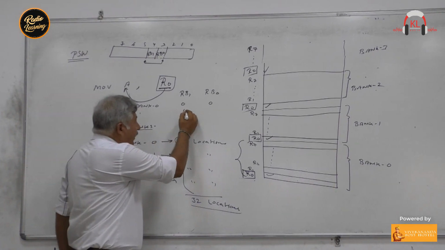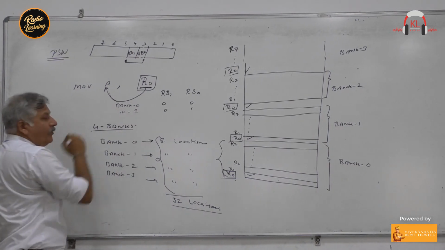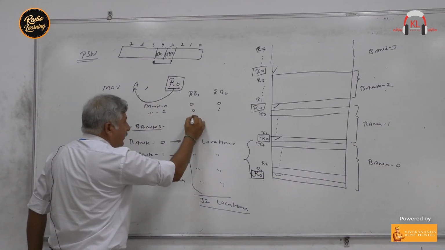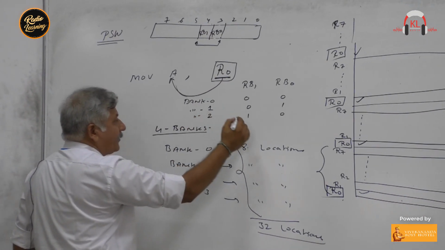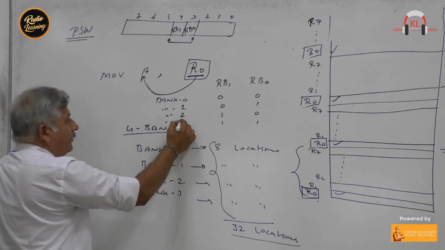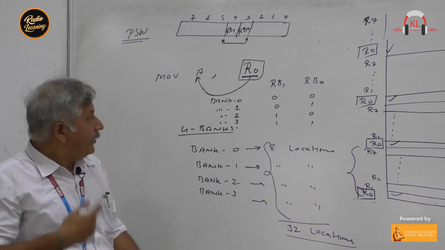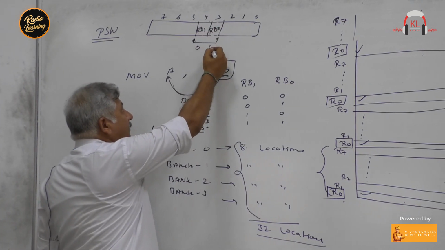If these bits are 0 and 1, then bank number 1 will be selected. If these bits are 1 and 0, then bank number 2 will be selected. And if these bits are 1 and 1, then bank number 3 will be selected. By default, the value of these bits is 0 and 0.